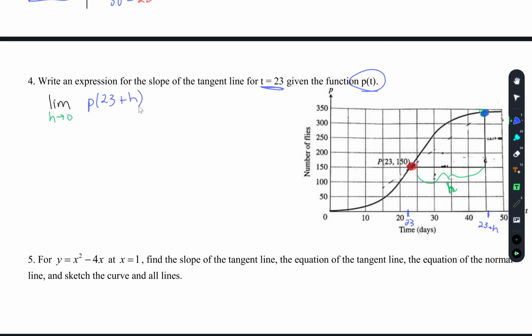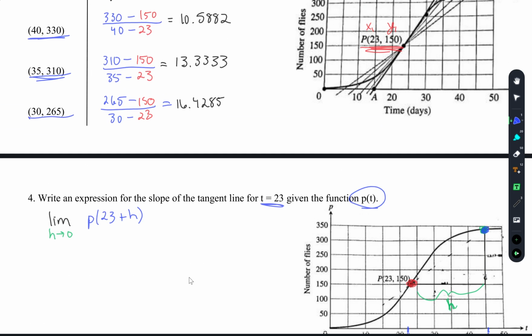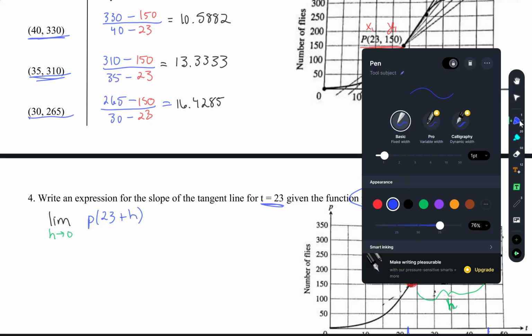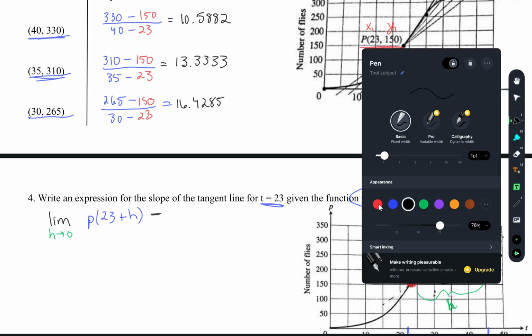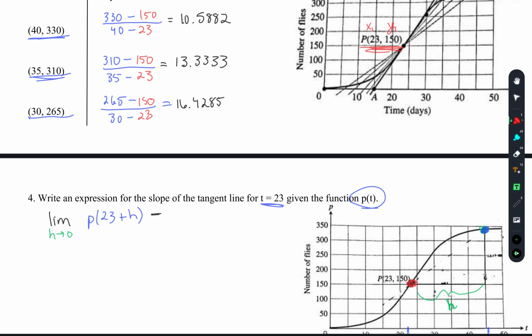So if you look at that table, this number was always a point away from it. So that's where that 23 plus h comes from. It's just talking about the other point, like your y2, and then minus your original point, aka where you want the actual tangent to be, which always stayed the same.